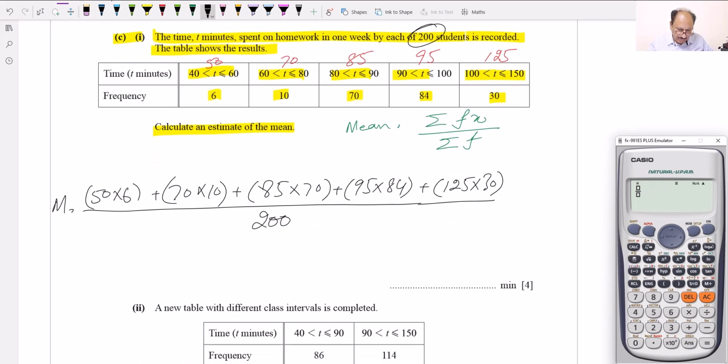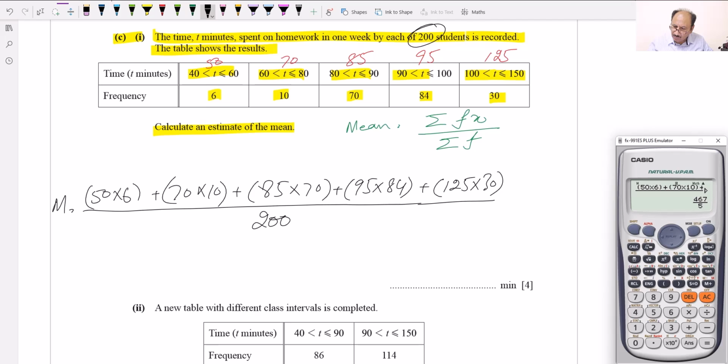This will be a fraction: 50 multiplied by 6, plus 70 multiplied by 10, and be careful with the calculation here, plus 85 into 70, plus 95 multiplied by 84, plus 125 into 30, and the denominator will be 200.